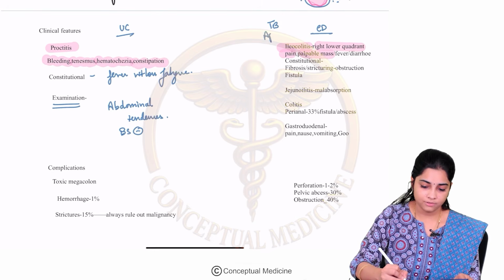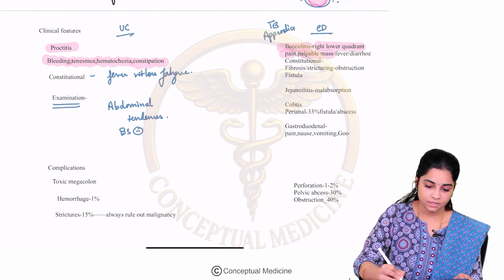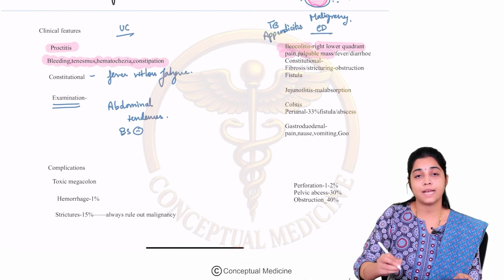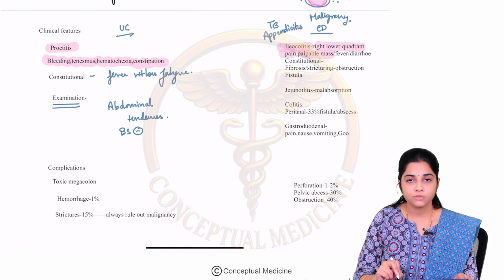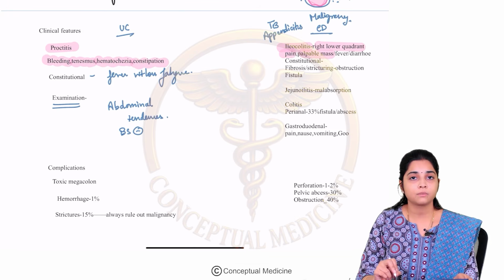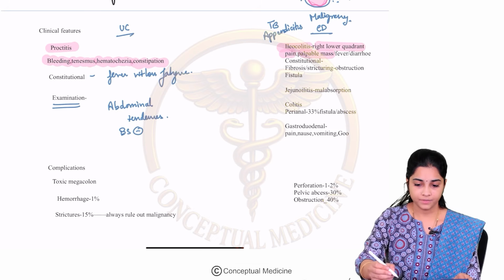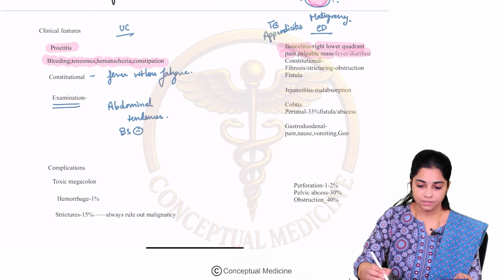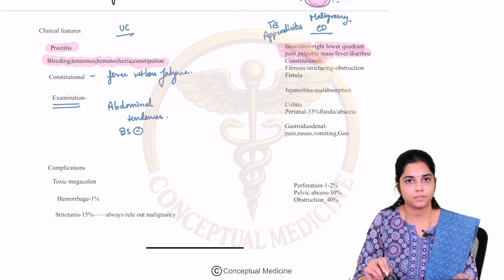Apart from that, it can also mimic appendicitis and any malignancy. Why? Because it presents as right lower quadrant pain and a mass per abdomen. It can also have fever, diarrhea and constitutional symptoms.